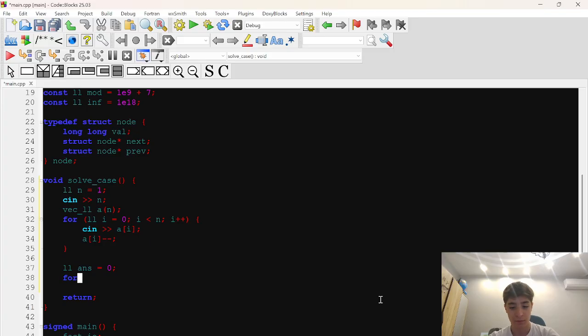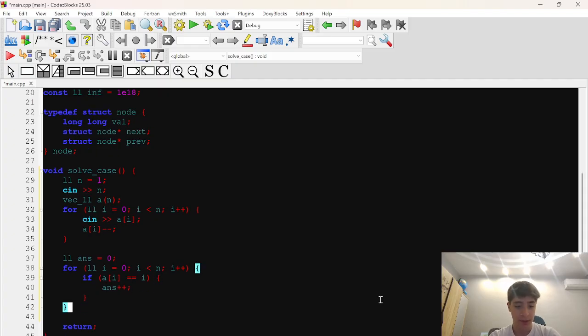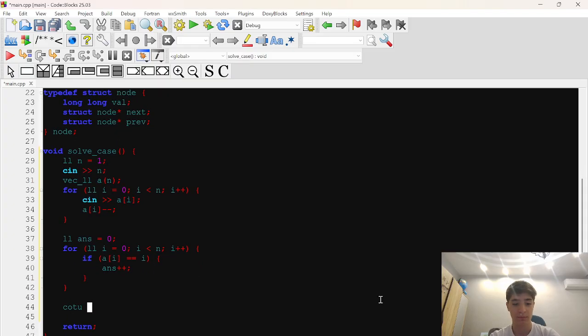For E equals 0, E is less than N, E plus plus, I do if AE equals its index, then answer plus plus, and at the end print out answer.